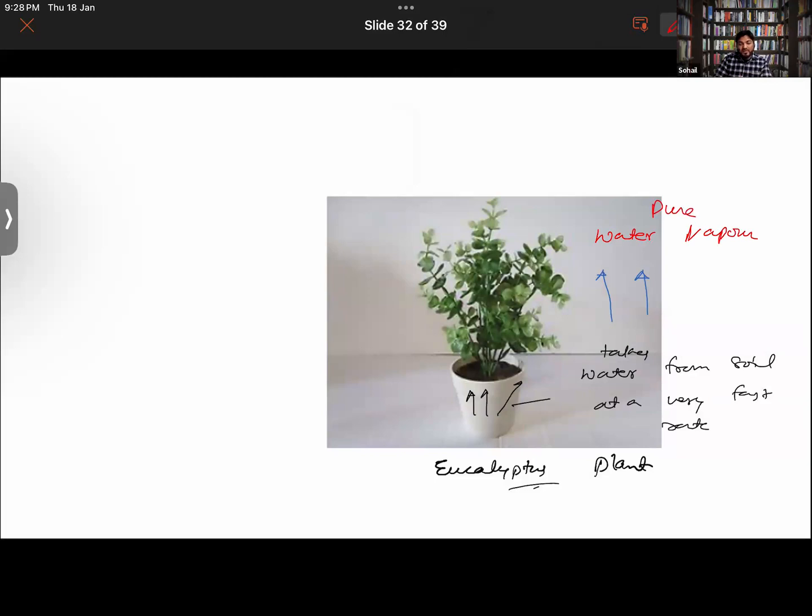So actually, if the air is too dry, then we'll be using this plant. There are also other types of plants, right? Like I have one at my home. It's basically called xanthophyllum, but it's also called peace lily.